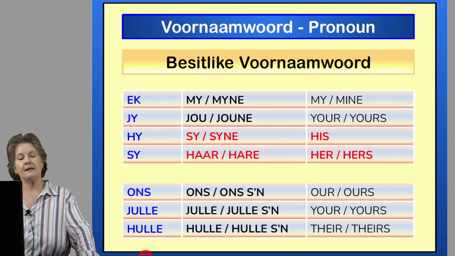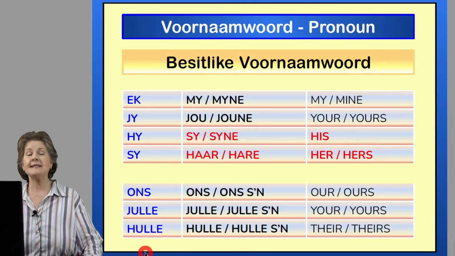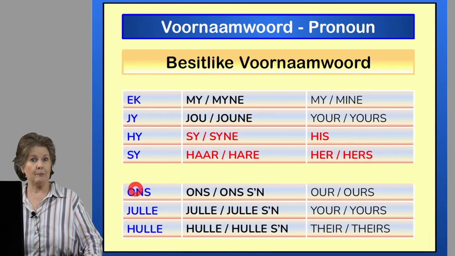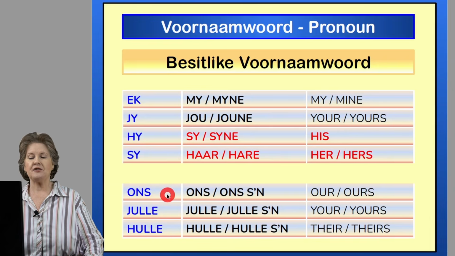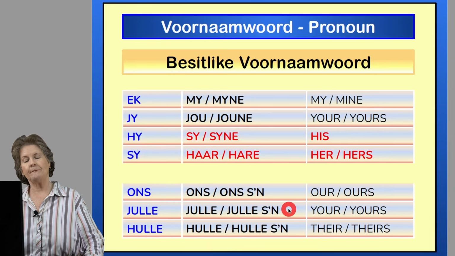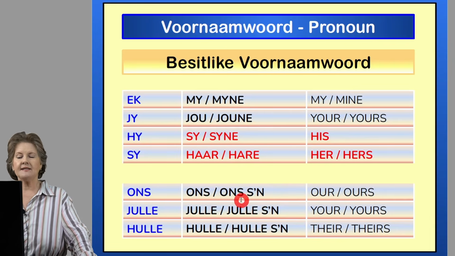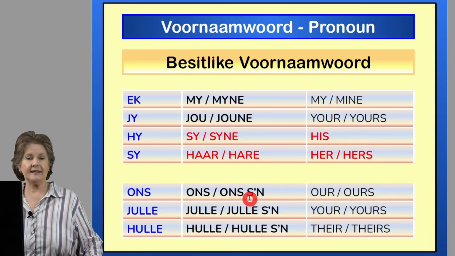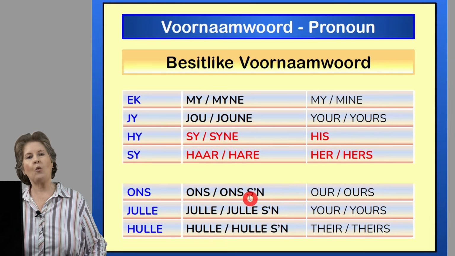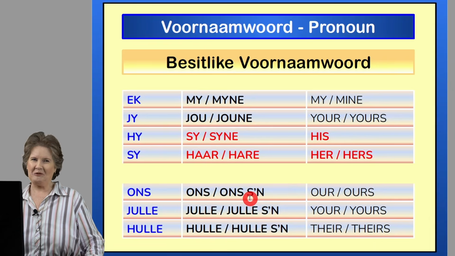And then this is the plural. If you've learned the persoonlike voornaamwoorde on the previous slide, you won't have problems with the blue part here. So there's two again. Dit is ons boek. Die boek is ons s'n. Now for interest's sake, I can just say that that s'n is actually a Dutch word. It actually means S-Y-N-E, but we don't use it like that.